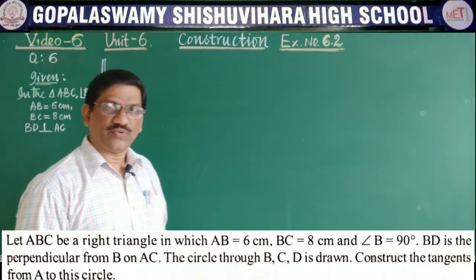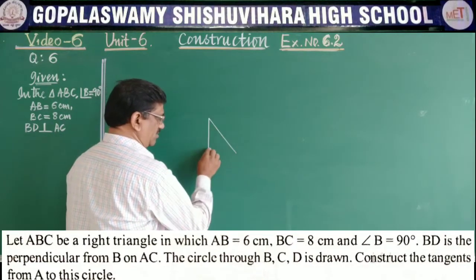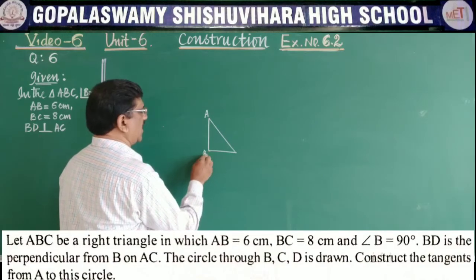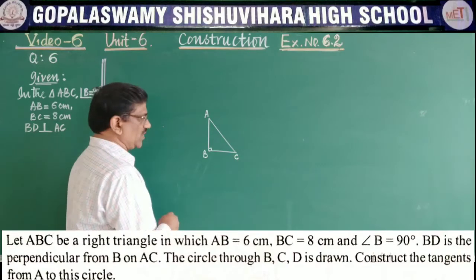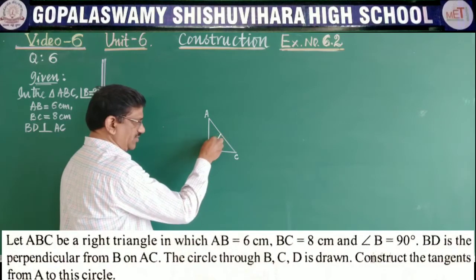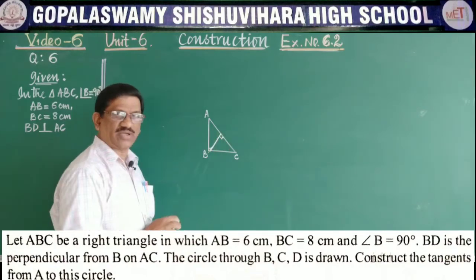So what we have to do first, we have to draw a right angle triangle with angle B is equal to 90 degree. For that we have to construct a perpendicular from B to AC. Okay.